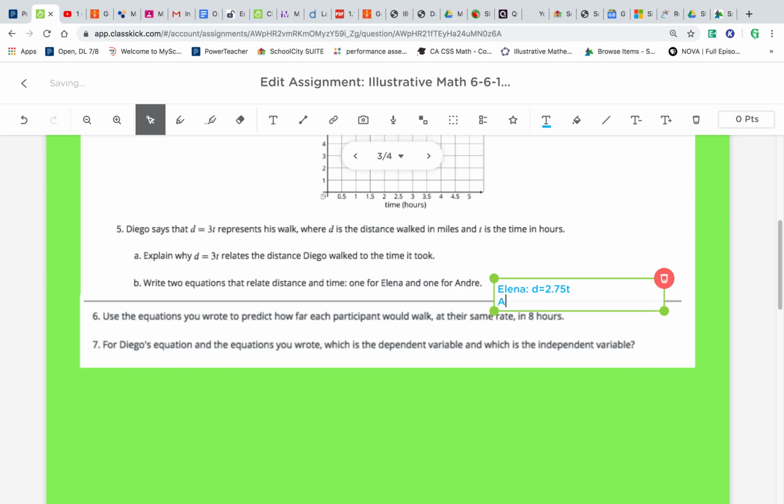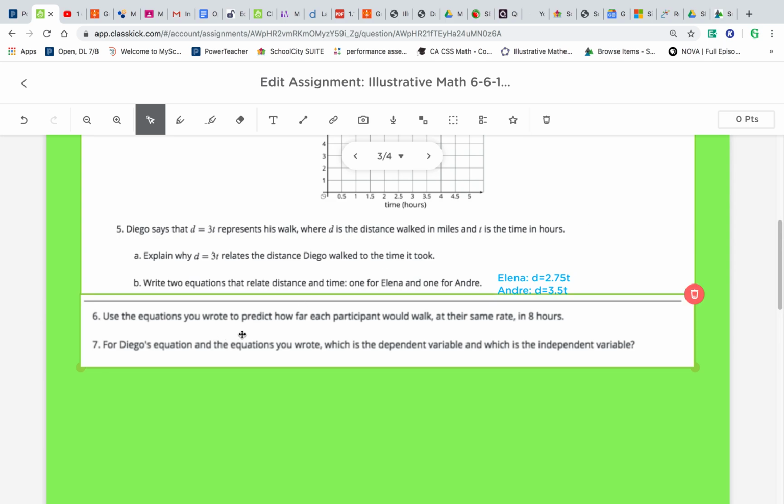And then for Andre, d equals 3.5t. The idea being that if you plugged in those numbers like we did for Diego, you're going to get all of the different values. As the amount of time changes, they're going to go a further distance, right?